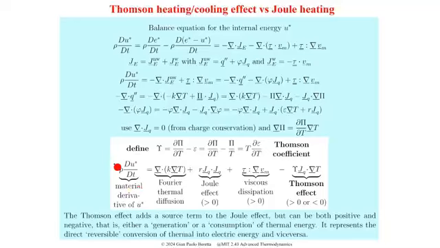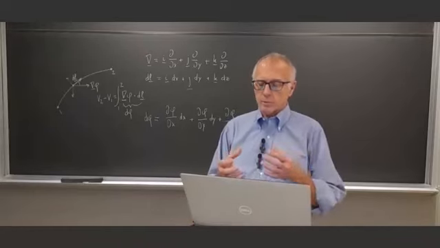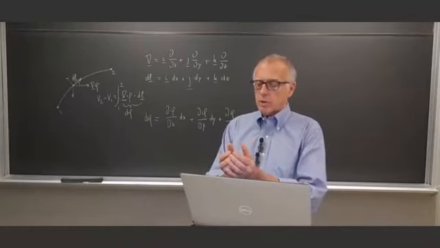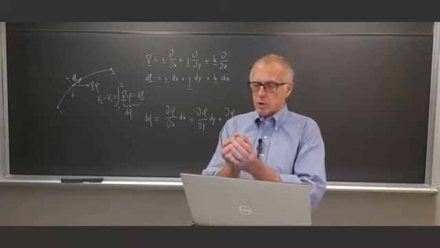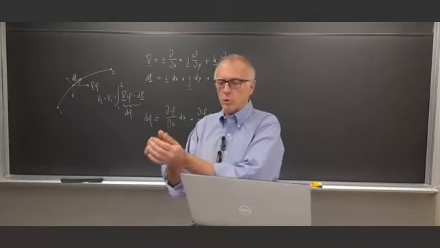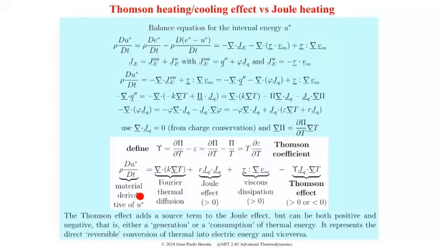So on the left-hand side of the balance equation, you have the material derivative of the internal energy of your fluid element. That's the part of the energy of the fluid element as you follow its motion. That gets changed by what? By heat diffusion. This is Fourier thermal diffusion.